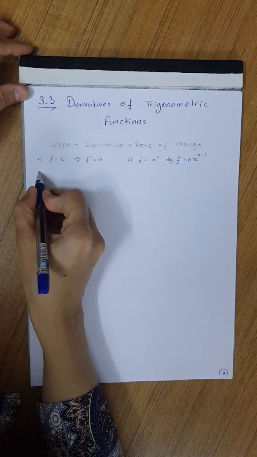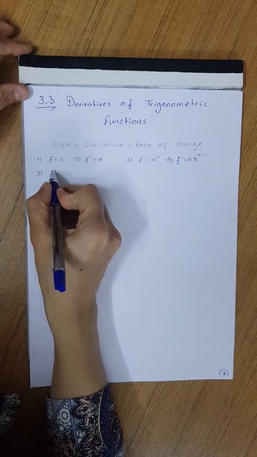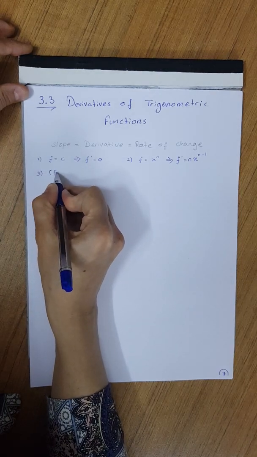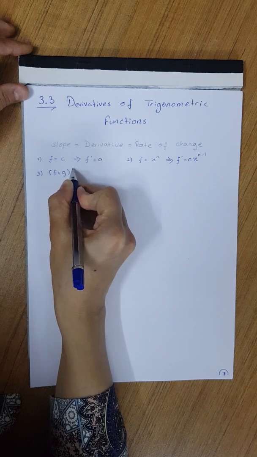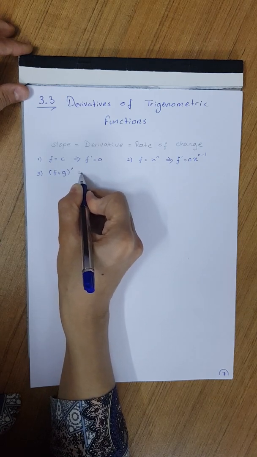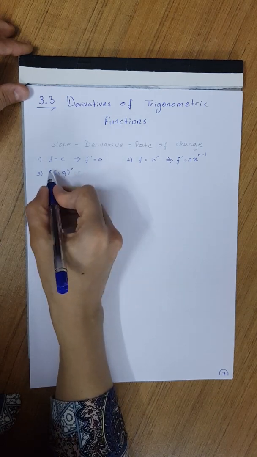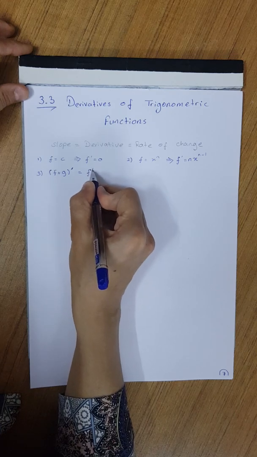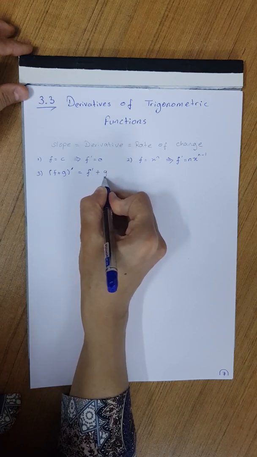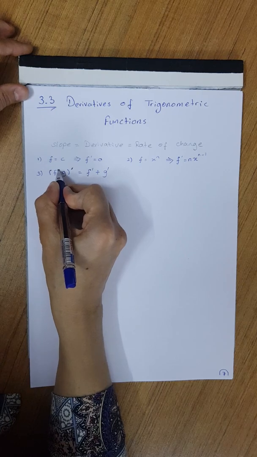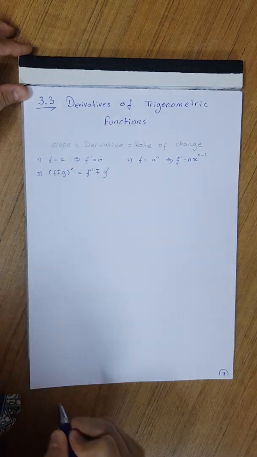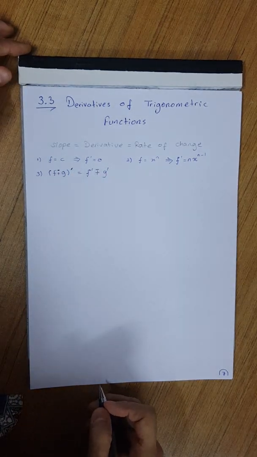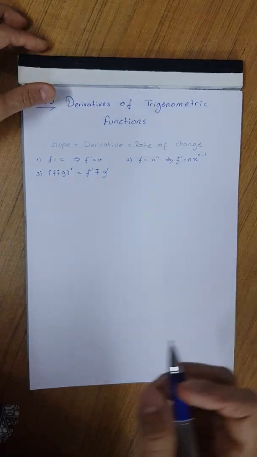Then we studied the sum rule. If I have two functions added together and I want to take the derivative of them, how shall I find it? I will simply find the derivative of f plus the derivative of g. And if I have subtraction, that addition will change to subtraction.